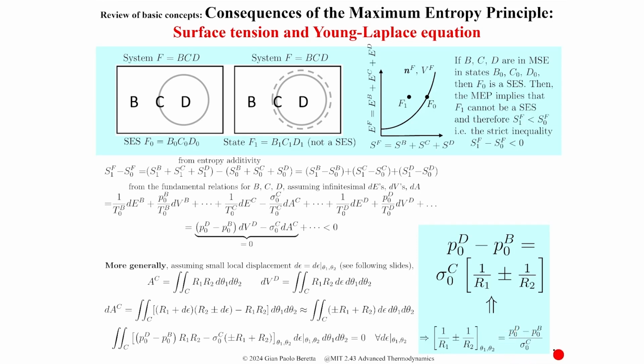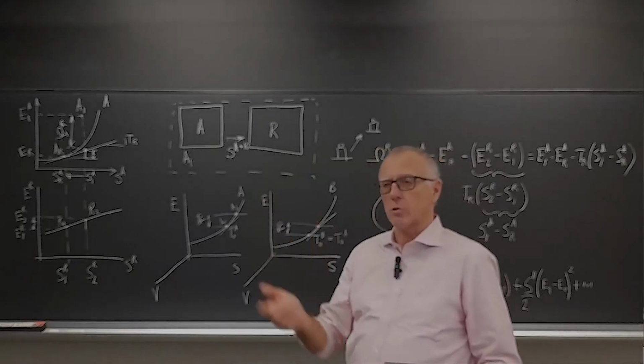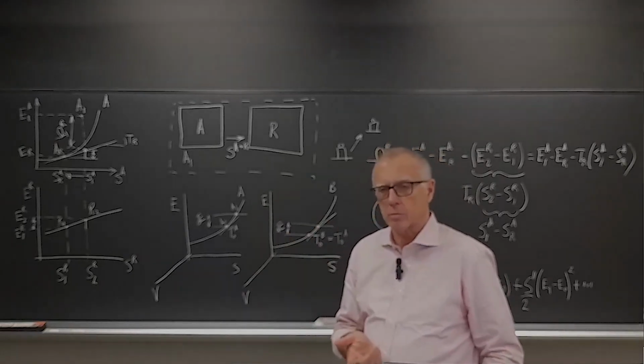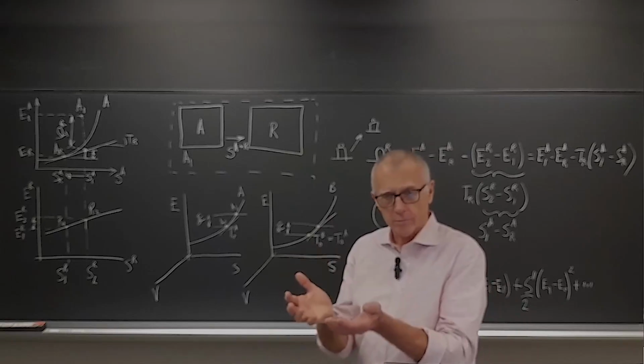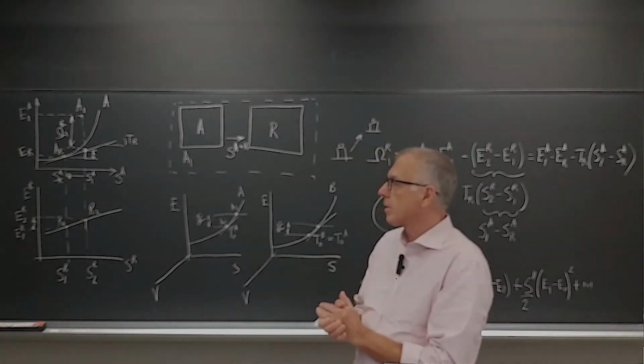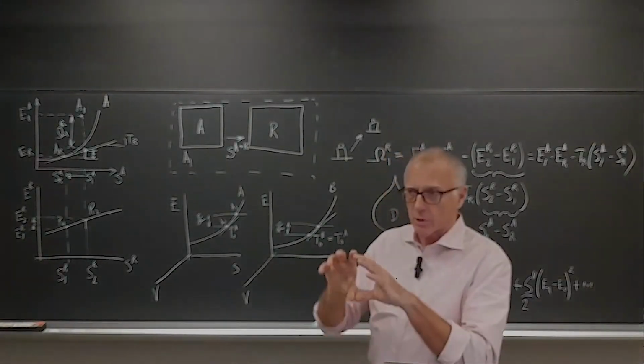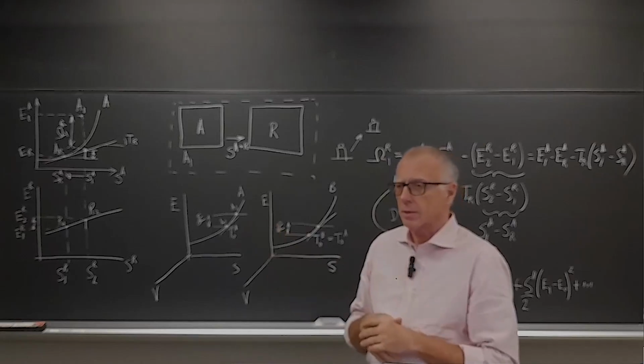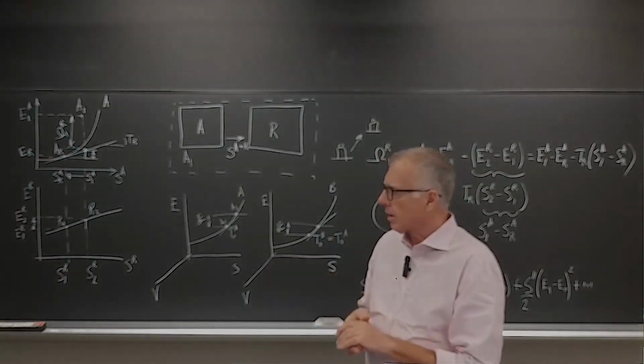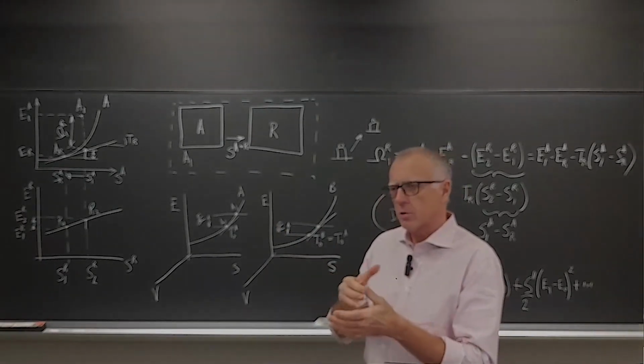So this result means that the average curvature must be uniform, equal everywhere on the surface when you are in mutual equilibrium. Like in a sphere, like in a cylindrical situation. There are some other interesting surfaces.